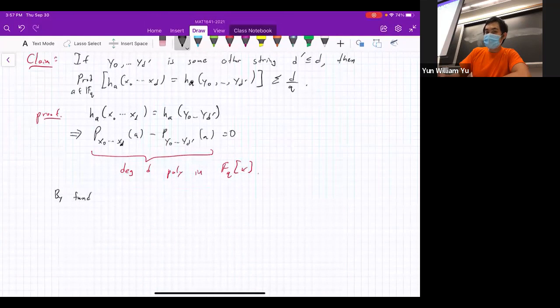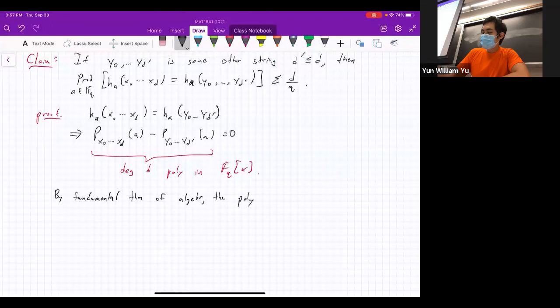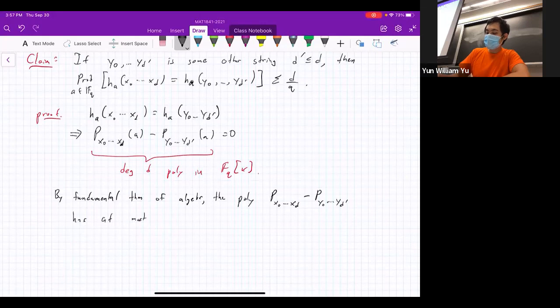By the fundamental theorem of algebra, the polynomial P of x0 through xd minus P of y0 through yd' has at most d distinct roots.